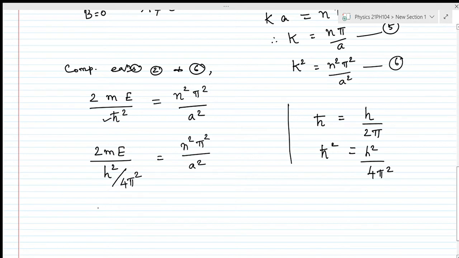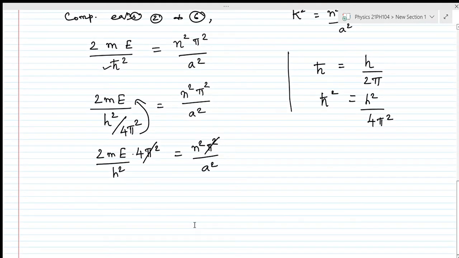I am rearranging this equation. 2mE by h square, I am taking this 4 pi square to the numerator, 4 pi square is equal to n square pi square by a square. Pi square and pi square on the LHS and RHS get cancelled off, and I get E is equal to n square h square over 8 m a square, taking h square to the RHS. I have a square here, 2 into 4, 8, and m, therefore 8 m a square.